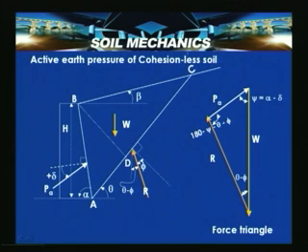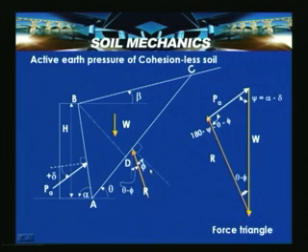Beta is the slope surface inclination with the horizontal. Alpha is the inclination of the wall face with the horizontal, and delta is the wall interface friction. Pa is the active thrust acting on the soil block. ABC is the triangular wedge, which is opposed by a soil resistance R, acting at the friction angle phi to the normal to the failure surface AC, and this line is perpendicular to AC.